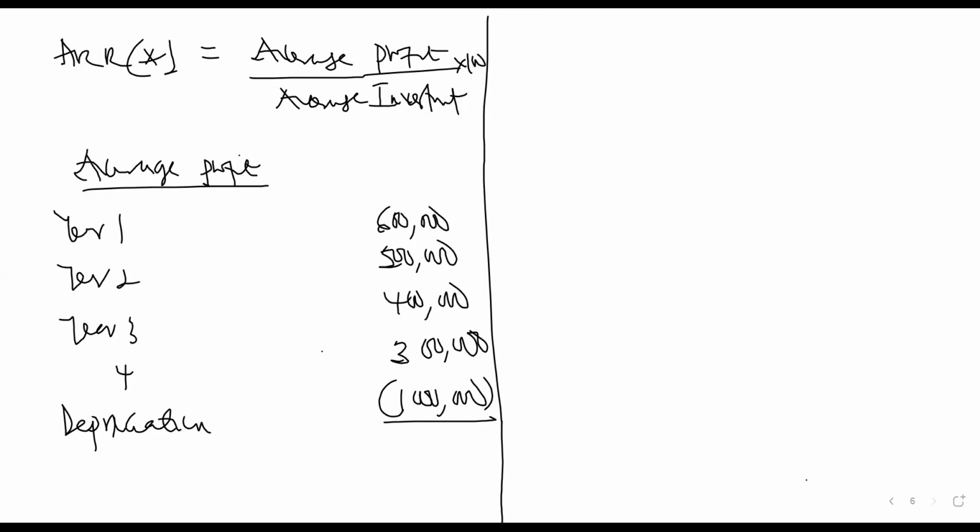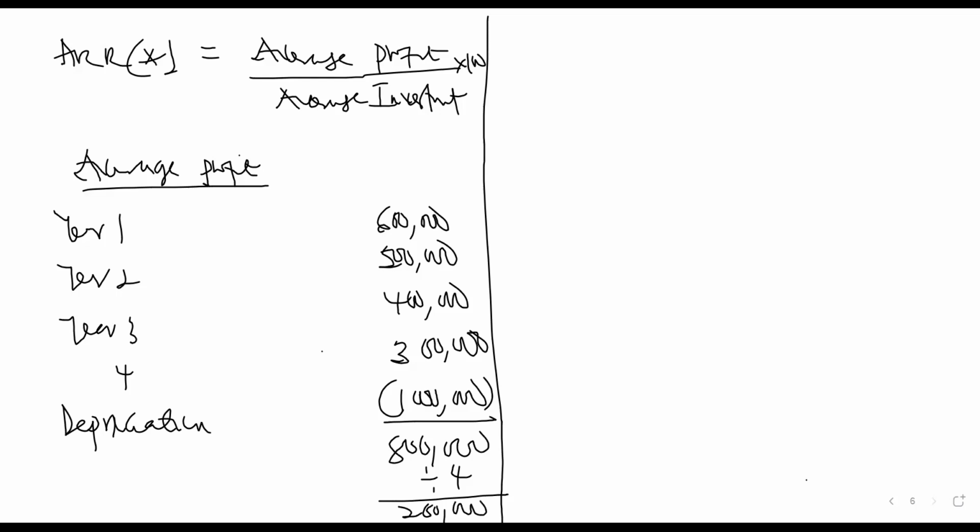I'm getting 800,000. So if you want to find the average, what do we divide by? 4, isn't it? So that is the profit after depreciation for the 4 years. You find the average. The average will give us 200,000.